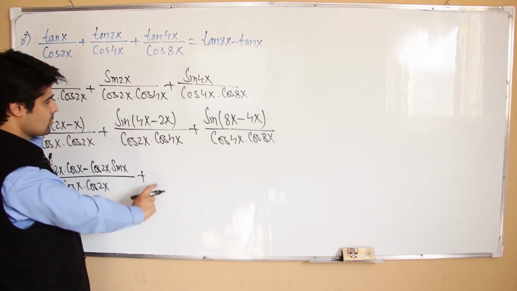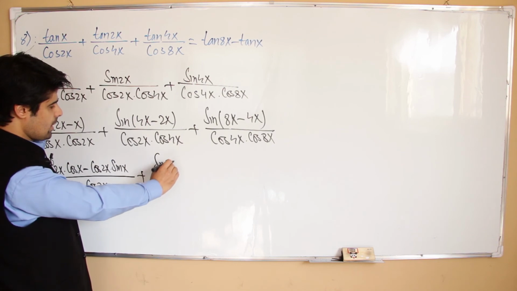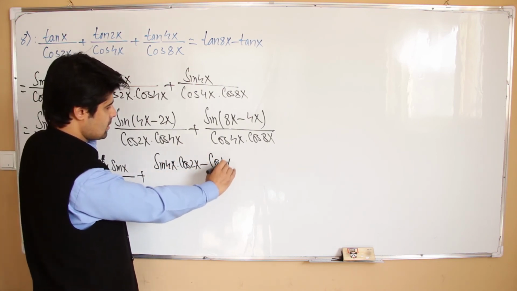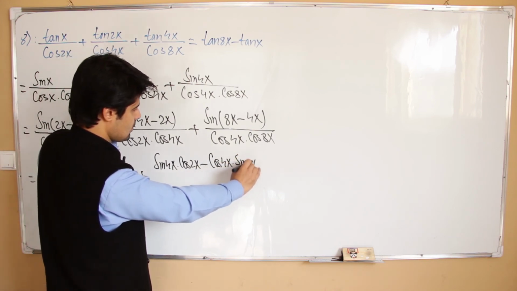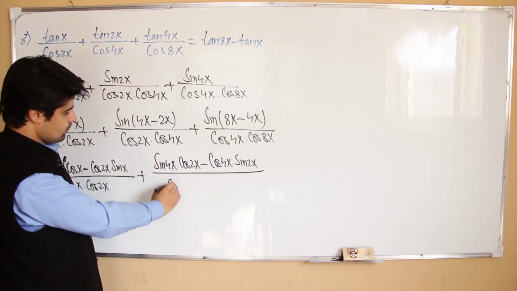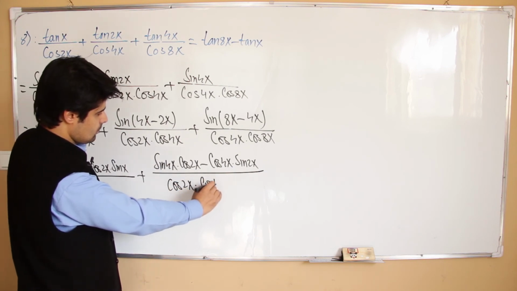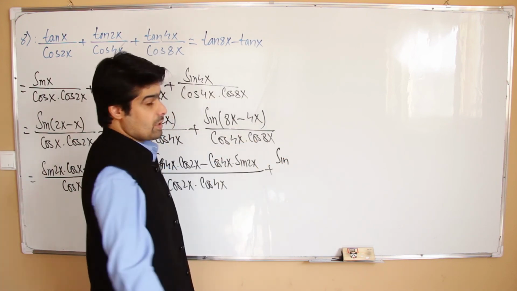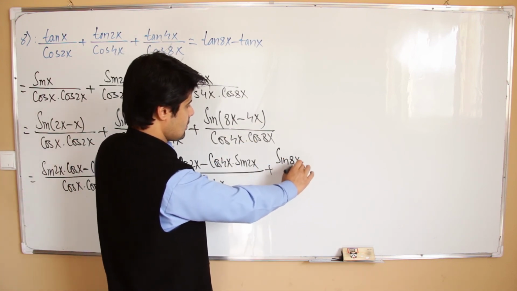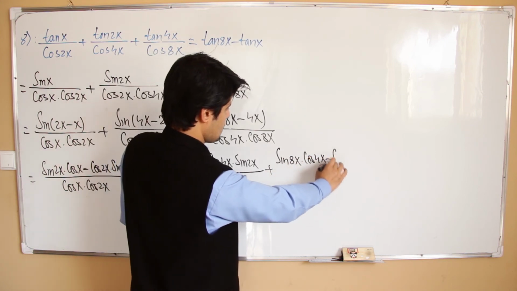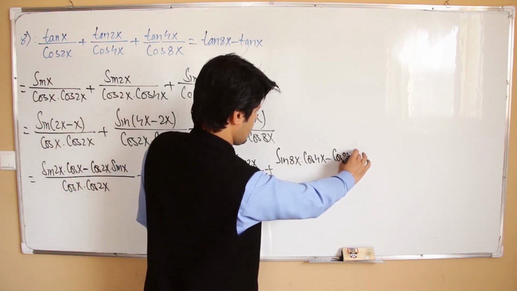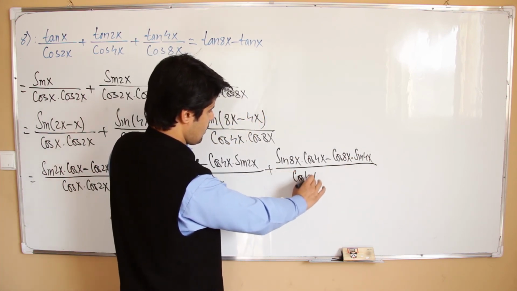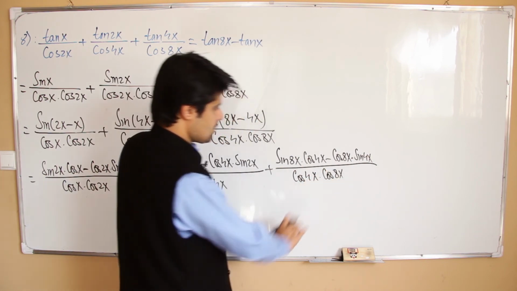Plus here also alpha minus beta, sine 4x cosine 2x minus cosine 4x times sine 2x divided by this one. Plus here sine alpha minus beta, sine 8x cosine 4x minus cosine 8x times sine 4x divided by cosine 4x cosine 8x.